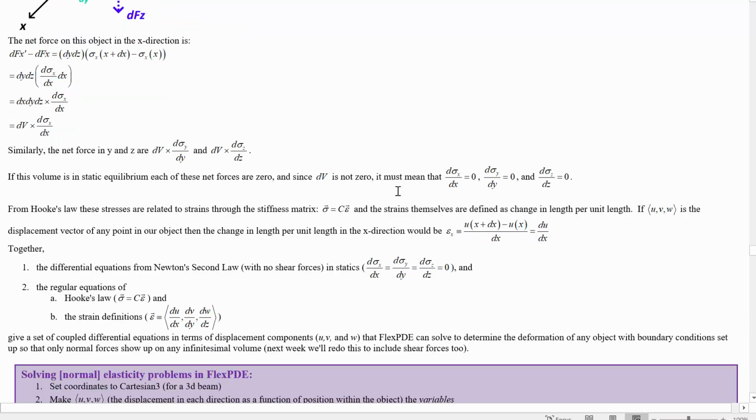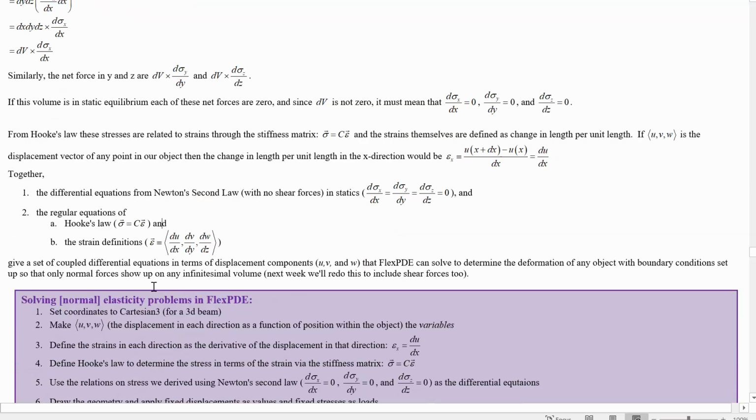Okay, so what do we have? If we take the differential equation from Newton's second law, which is that the slopes of all of the stresses are zero, and the regular non-differential equations of the definitions of strain being these slopes, and Hooke's law relating the stress and strain via the stiffness, then we have a coupled set of differential equations in terms of the displacement components.